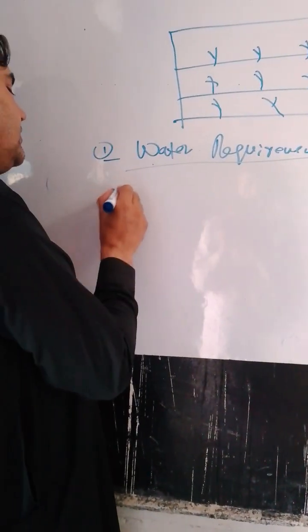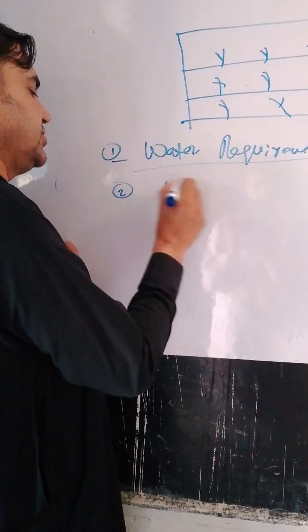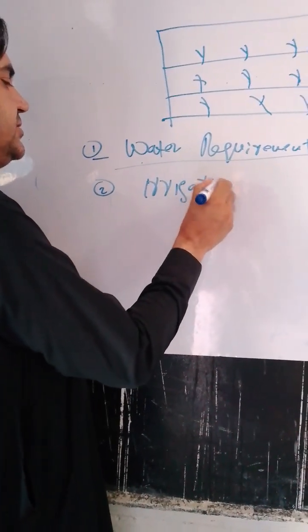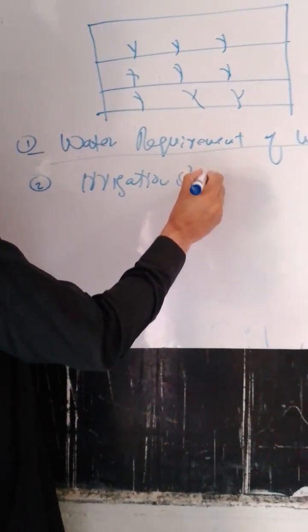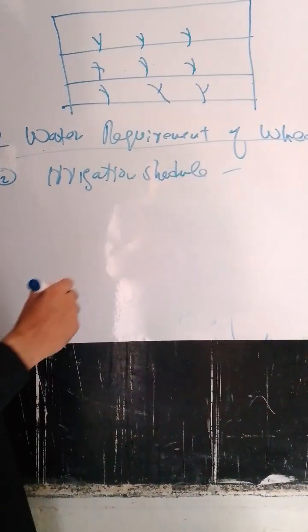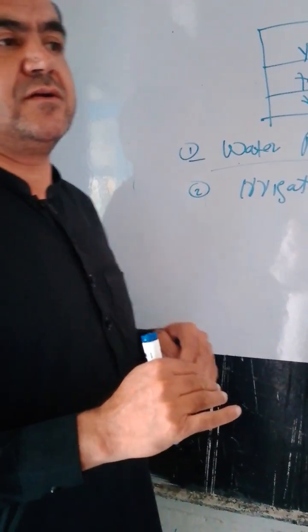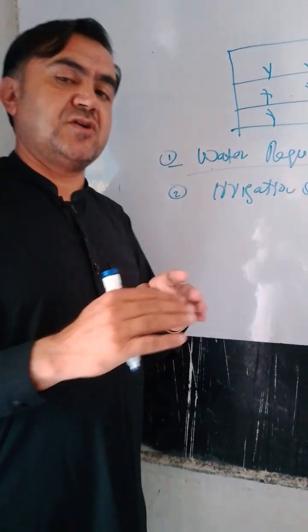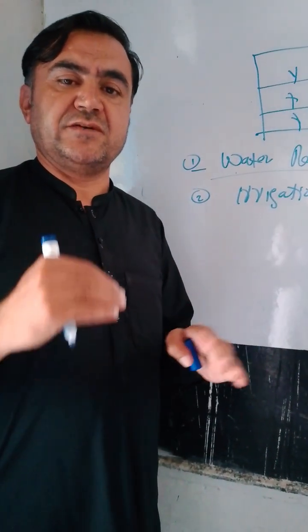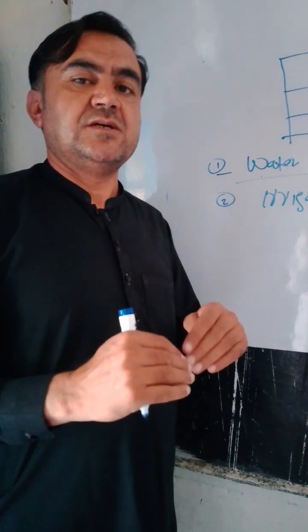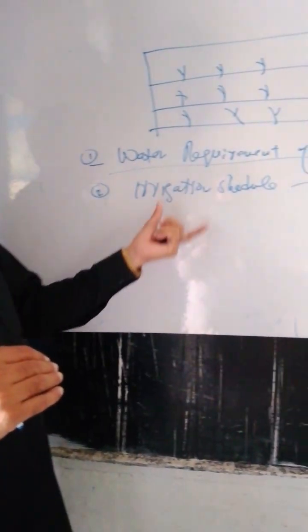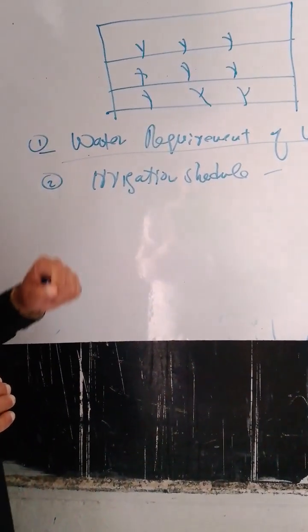To find out the irrigation schedule, we need to know after how many days irrigation is required. Some crops need it after 10 days, some after 5 days. We can find out irrigation scheduling with the help of this model.